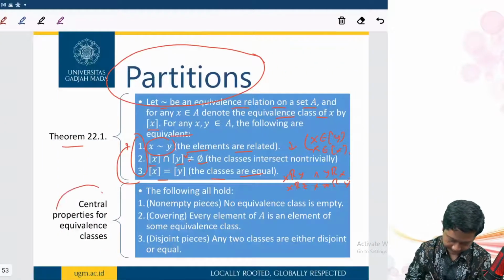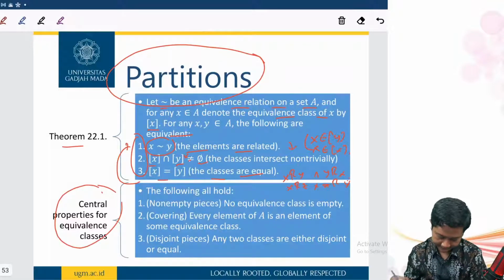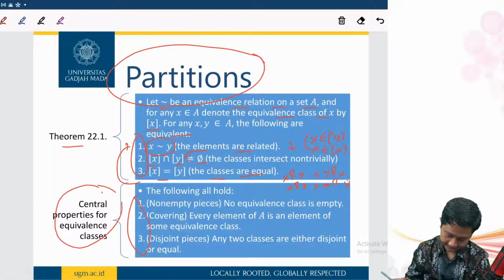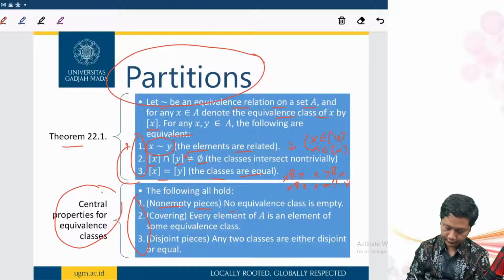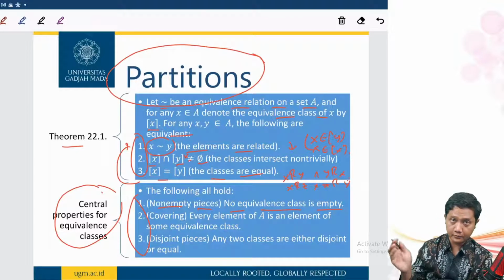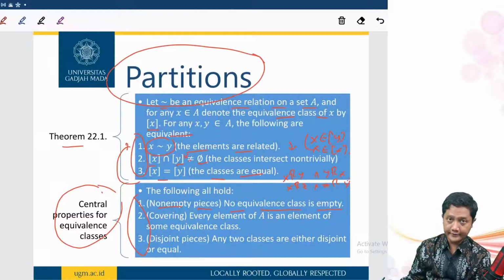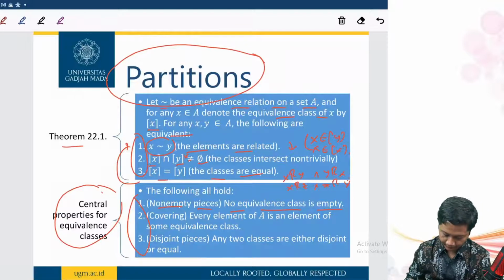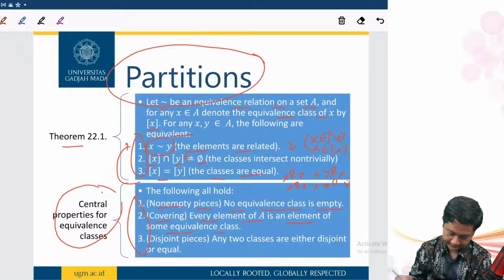And we have the central properties for equivalence classes. We have three things here. First is non-empty pieces. What's the meaning? No equivalence class is empty. This should be clear from the previous examples also. And it is covering. What's the meaning? Every element of A is an element of some equivalence class.